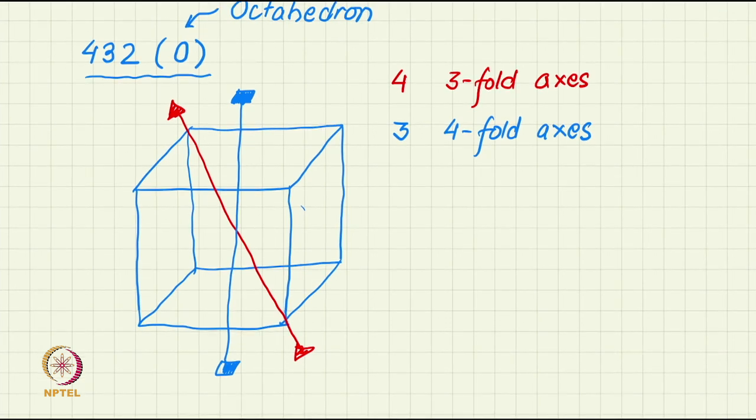Now, 2-fold axes you can also find in the cube. So, if you take opposite edges, I take the middle of this edge and the middle of that is there, and if you join these, that is a 2-fold.